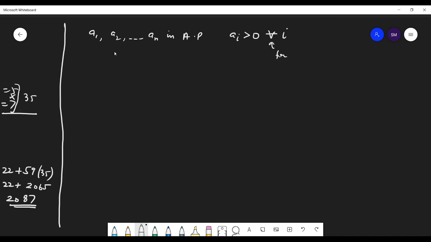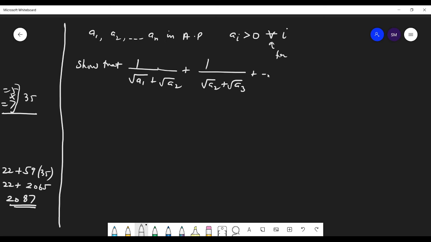Show that 1 upon under the root A1 plus under the root A2, plus 1 upon under the root A2 plus under the root A3, and so on, equals n minus 1 upon under the root A1 plus under the root AN. So this is what we need to prove.